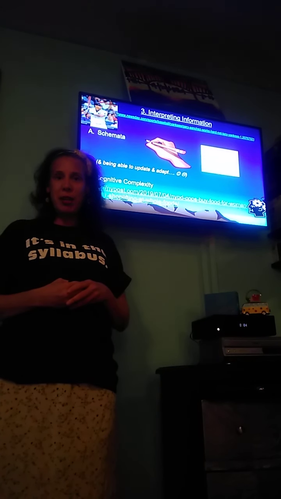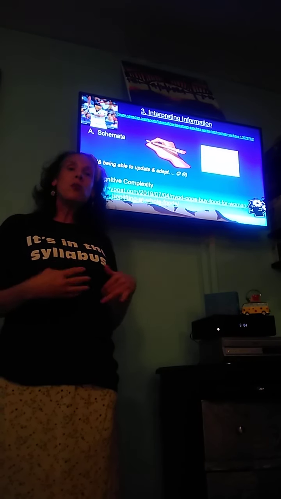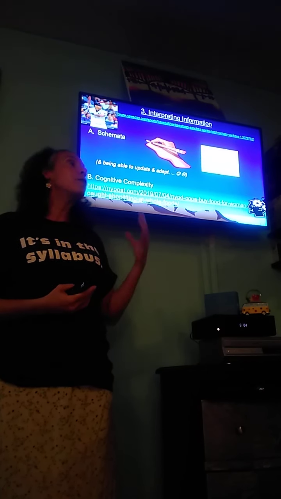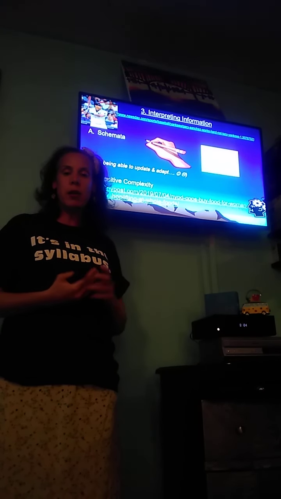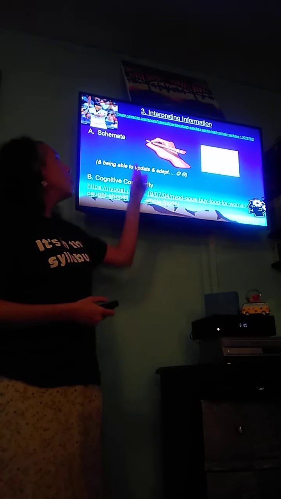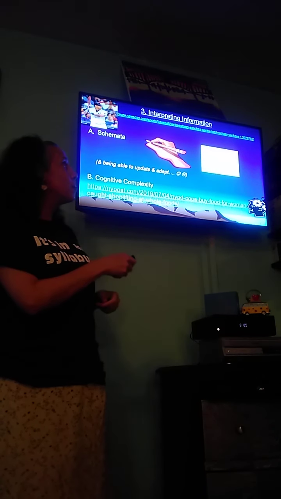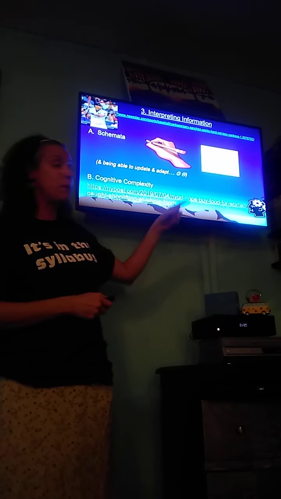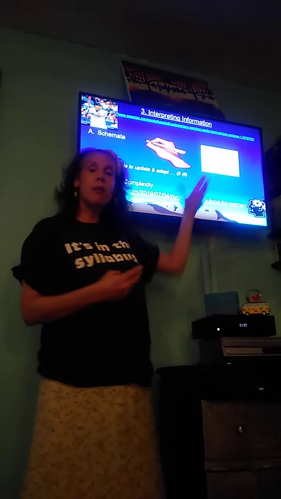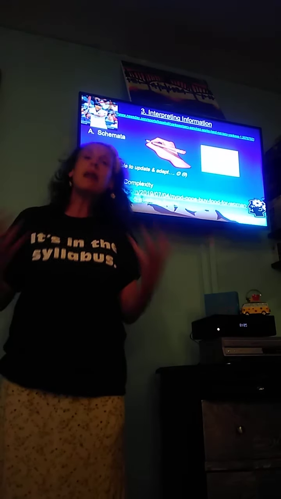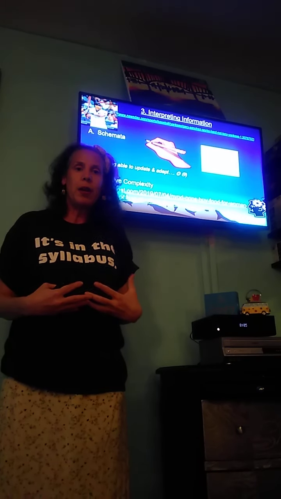In terms of the last stage of interpreting information, we do this in two main ways. The first one is schemata, and the second one is cognitive complexity, and of course we'll define those terms. When we're talking about schemata, hopefully you're getting used to the really good or maybe really bad clip art. We're talking about a script, how we think things are supposed to go.